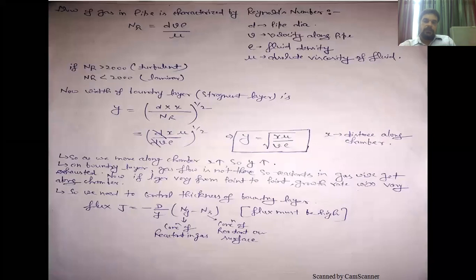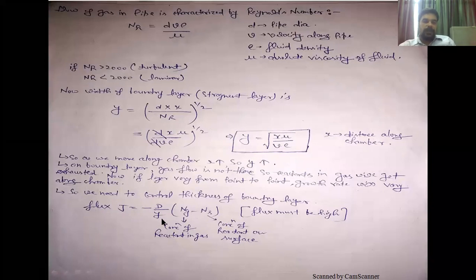Okay, so this is one point that we get. Now we define the flux. Flux is basically defined as minus D upon Y into Ng minus Ns. D is basically the diffusion constant. Y is nothing but the thickness of the boundary layer. Okay.